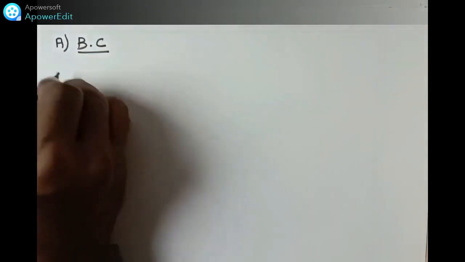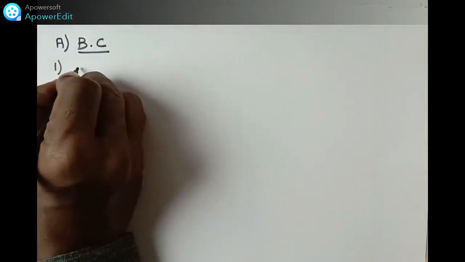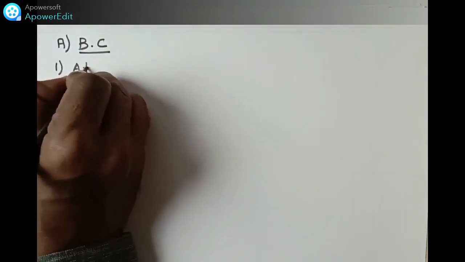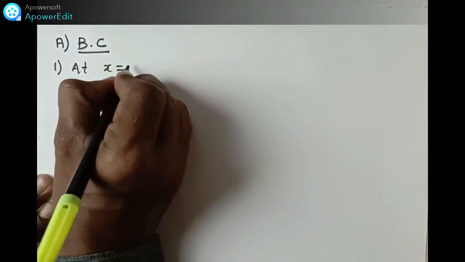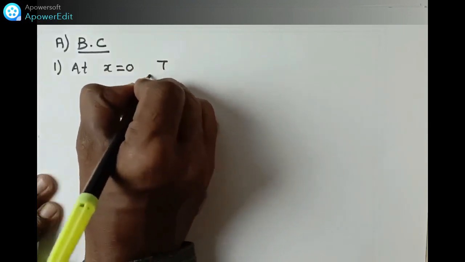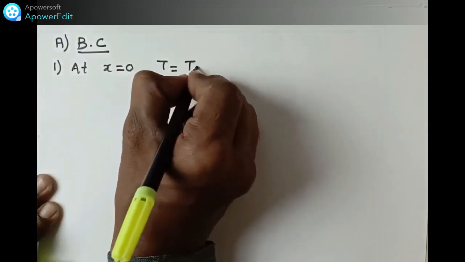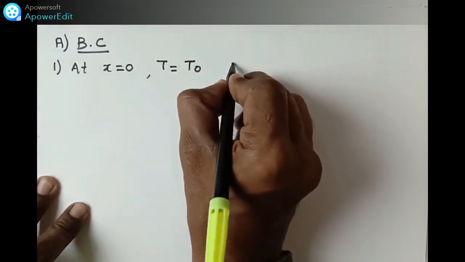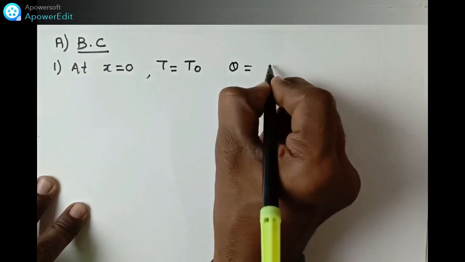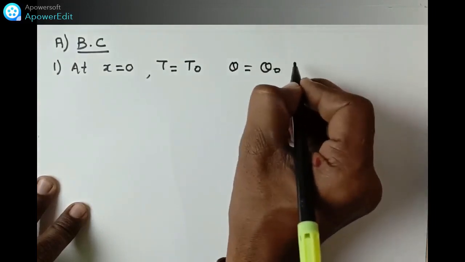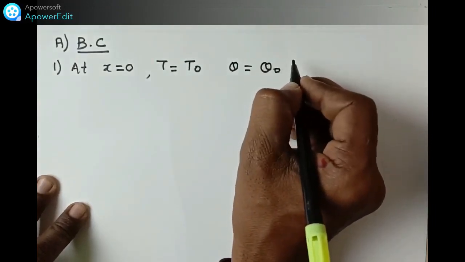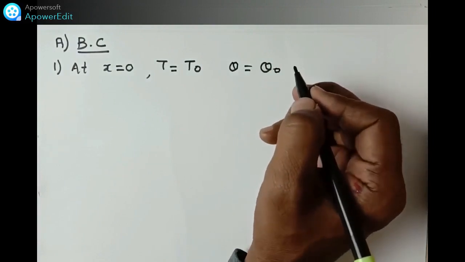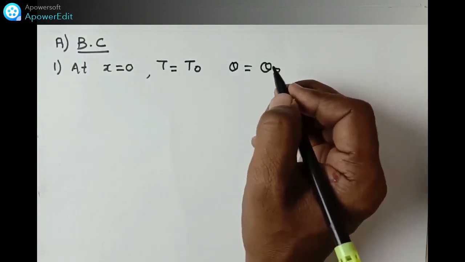Boundary conditions. The first condition is at x is equal to 0, temperature T0. So here theta will be equal to theta 0. Now what is theta 0 and what is theta?